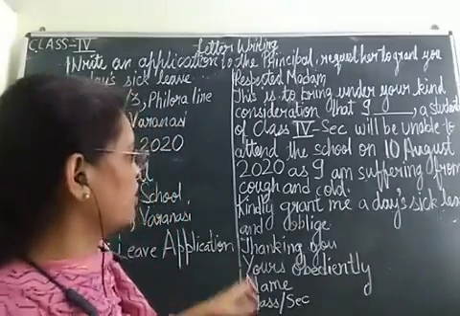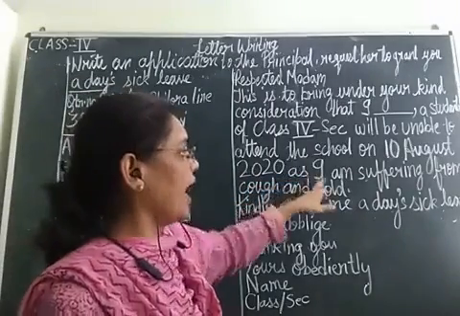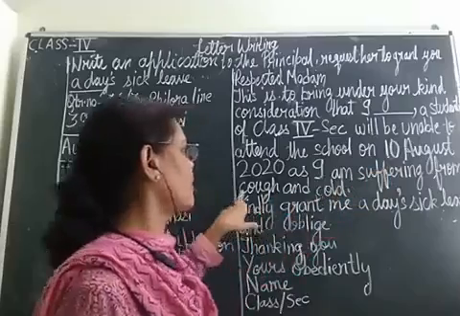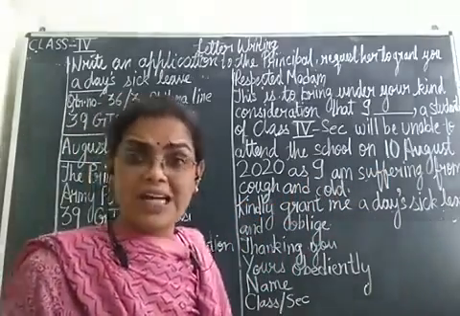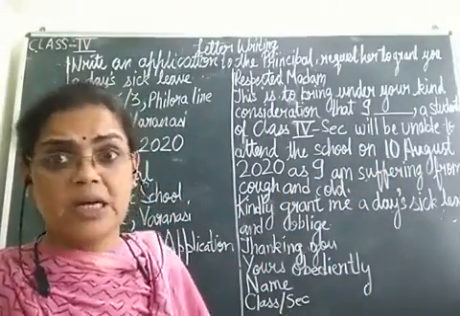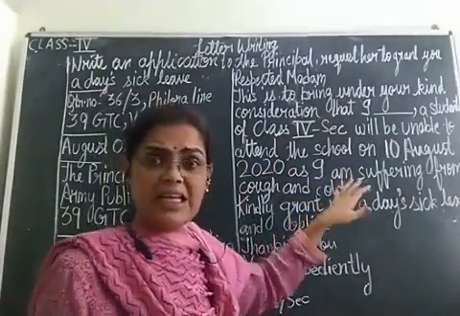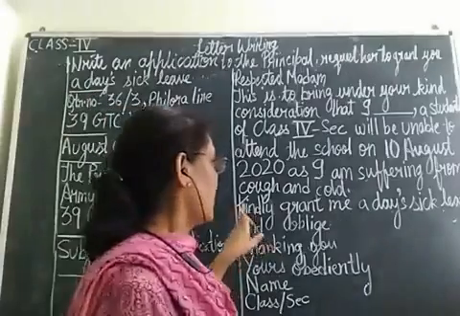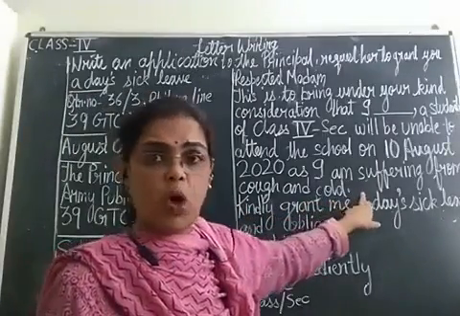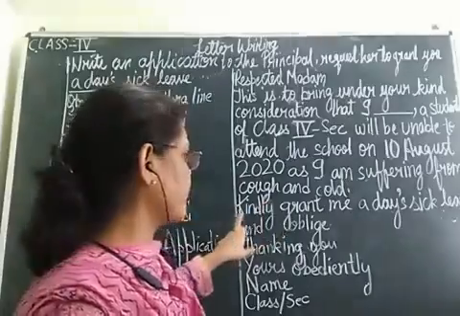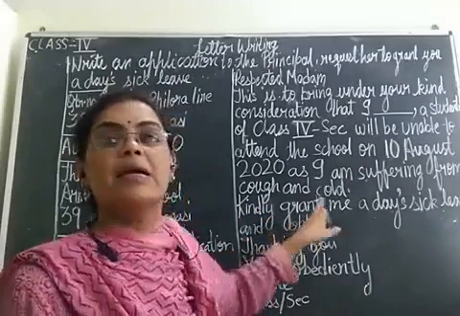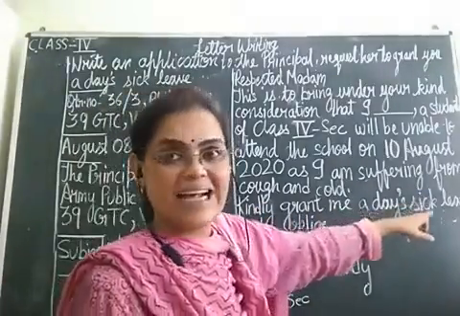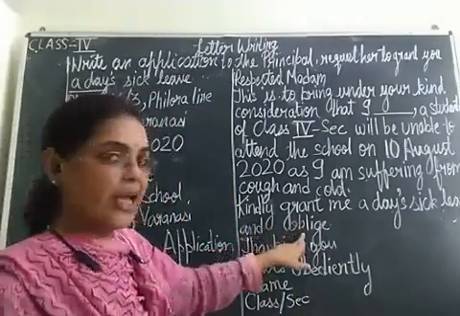So on 10th August 2020, as I am suffering from cough and cold, this is a common problem which students suffer. So 1 day's leave for cough and cold is perfectly fine. Then after that, wherever you finish cold, leave that line there only and start from a new line.